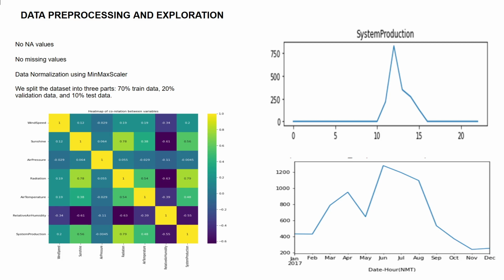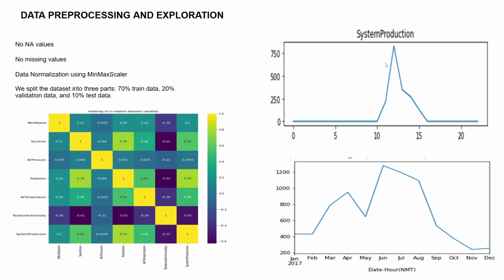We also explored the correlation between the variables. The radiation and the sunshine had the highest positive correlation, which signifies direct relationships with system production, and the ones with negative values signify an inverse relationship.